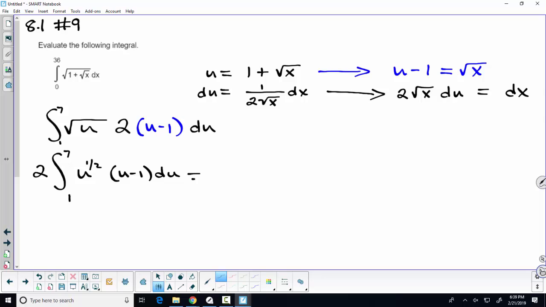See, where does that leave us? So we just have powers of u and plug in our bounds. Or if you want to resubstitute and use 0.36 with the x, that's fine too.